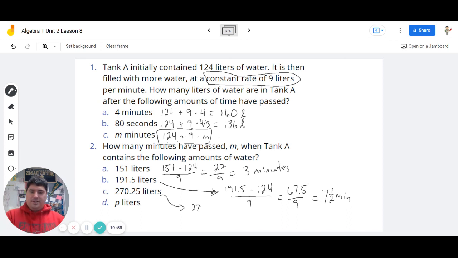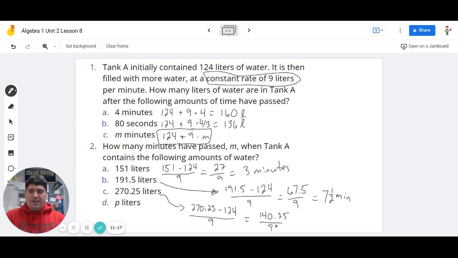270.25 minus 124, all divided by 9, and we're left with 146.25, all divided by 9.